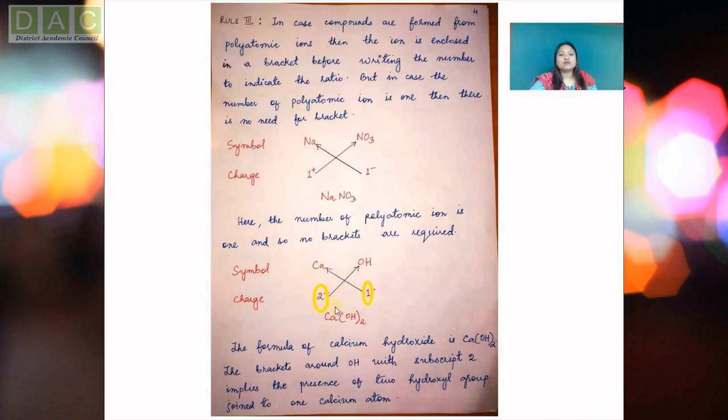After cross multiplying the valencies, the valency of calcium will go to hydroxide and the valency of hydroxide will go to calcium. How many hydroxide ions are there? There are 2 hydroxide ions. Because there is more than 1 polyatomic ion, we will put them inside a bracket. In this way we can write the formula of calcium hydroxide.